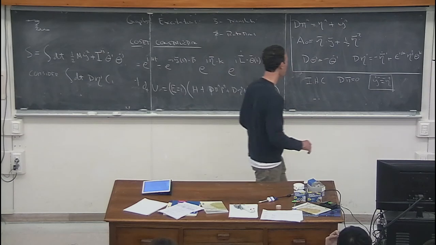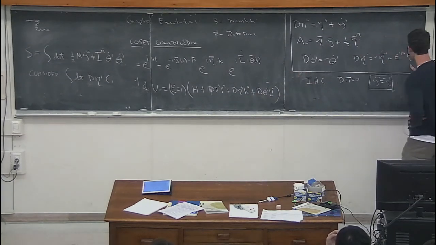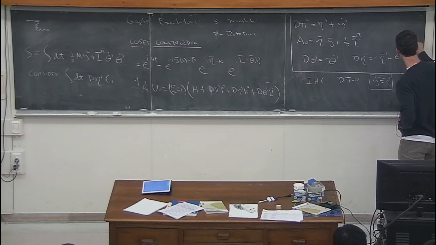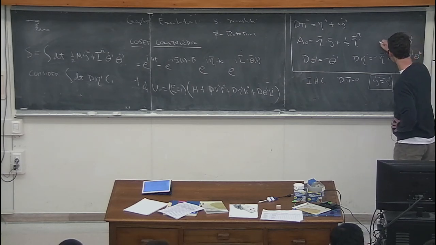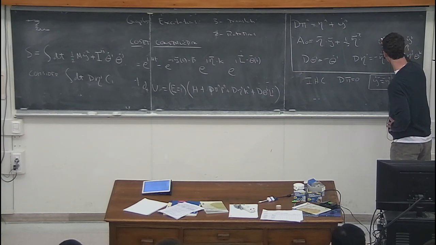So this eta we know is actually Y dot, and this is Y double dot, right?